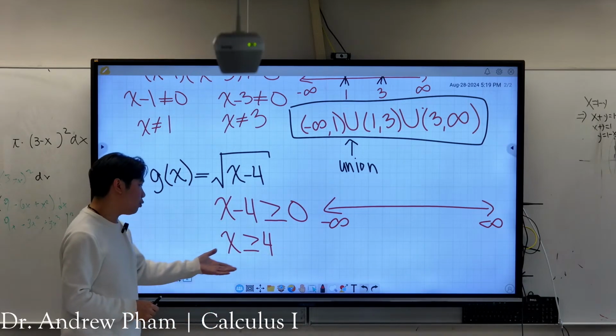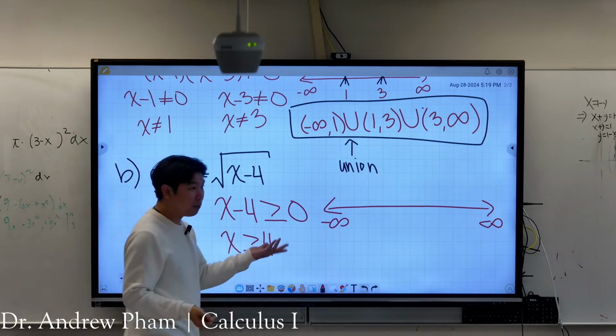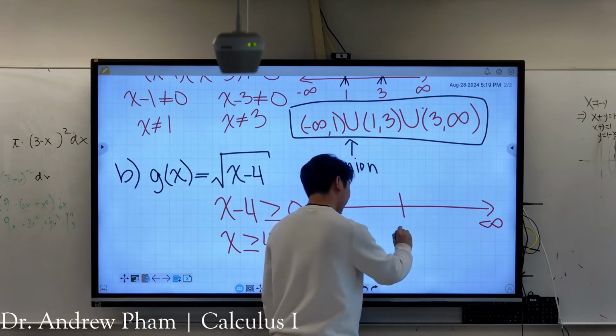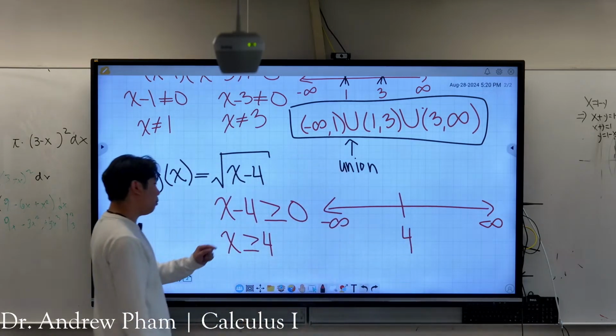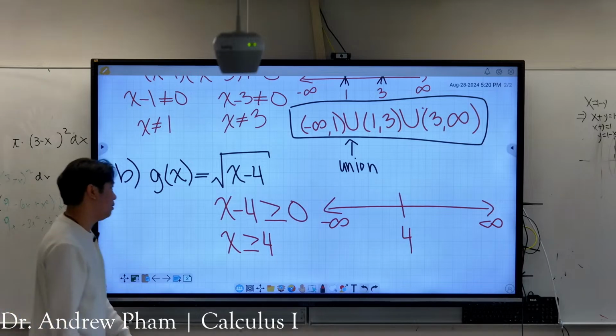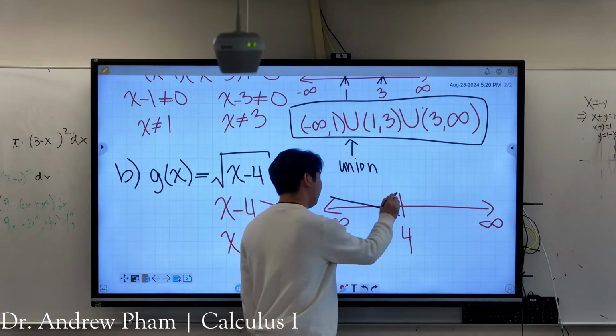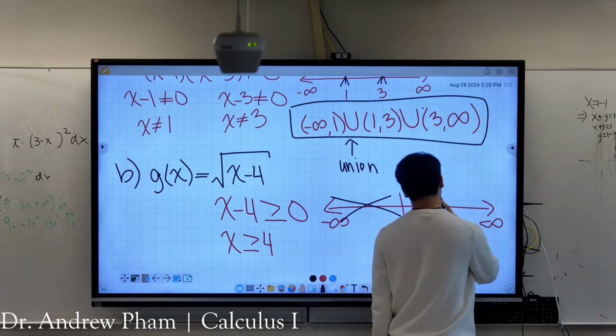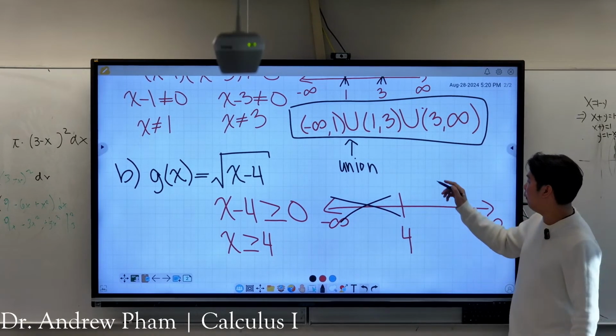And what number are we interested in? 4. So let's put 4 on there. If I want the numbers bigger than 4, am I looking to the left or to the right? To the right. So I'm not worried about this portion. So I heard a 4 comma infinity.